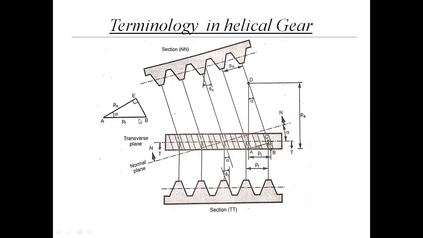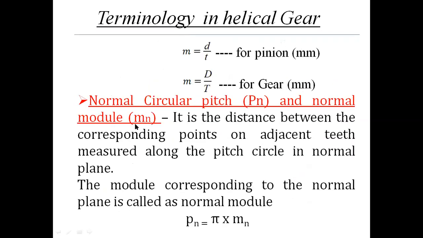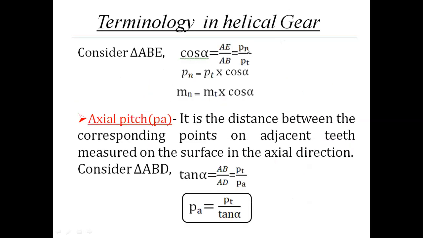So it is equal to Pn upon Pt. Cos alpha is equal to Pn upon Pt. So Pn is equal to Pt cos alpha. At the same time, what is the formula for Pn and for Pt? By putting the values of Pn and Pt, the formula becomes Mn is equal to Mt cos alpha.